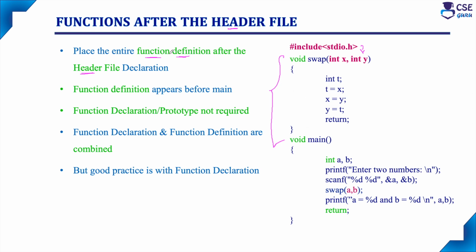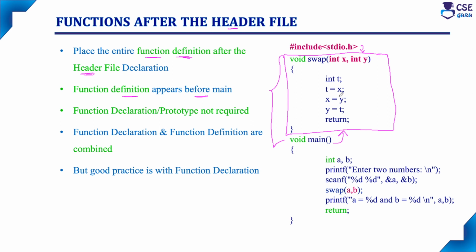So place the entire function definition after the header file section. Here we are eliminating the function declaration because we are combining function declaration as well as function definition into one. So the function definition appears before the main function.